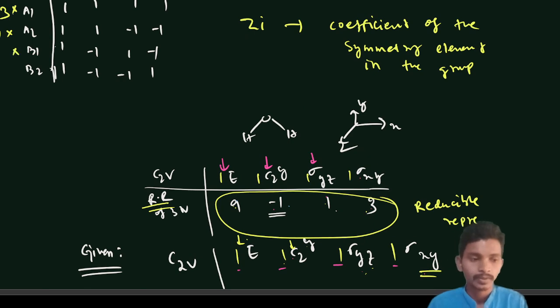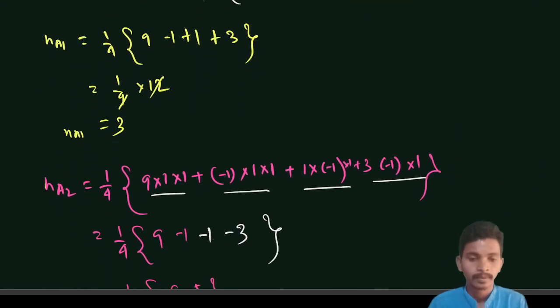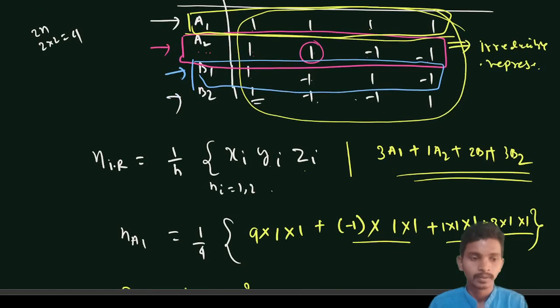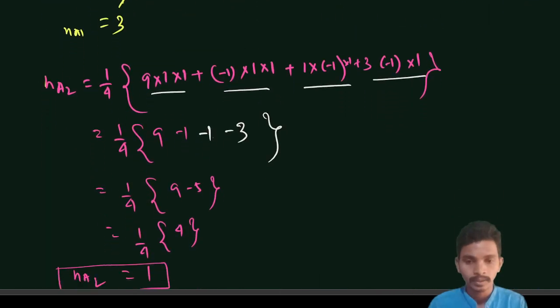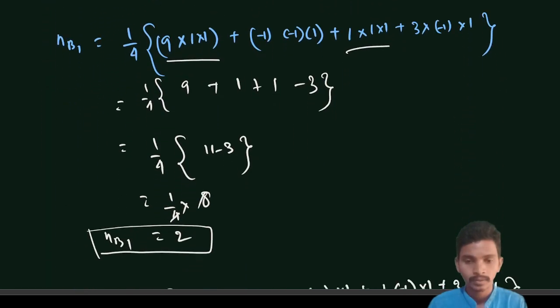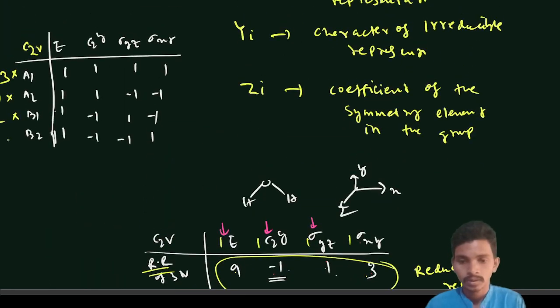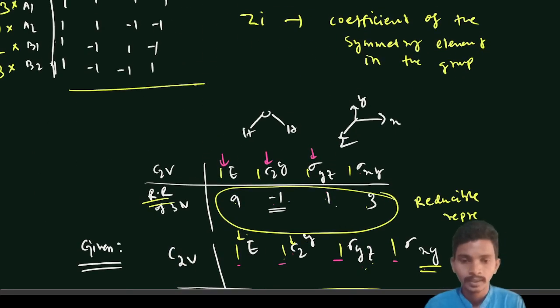And B1 how much we get? 2B1 I get, so multiplied here by 2. And here 3B2, 3B2.